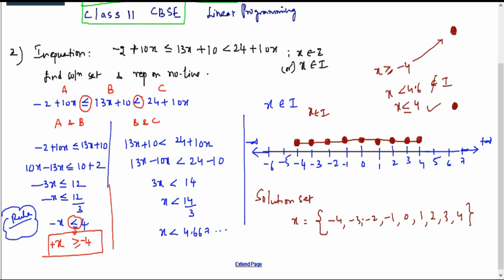So this is my solution set. And this is my number line representation. So both are shown here very clearly. Since it is integer, you need to mention the integers with the shaded circles. Otherwise, it becomes the solution for x belongs to R, that is real numbers, which is wrong. Because he gave very clearly it should belong to Z, that means integers. Okay. Thank you.